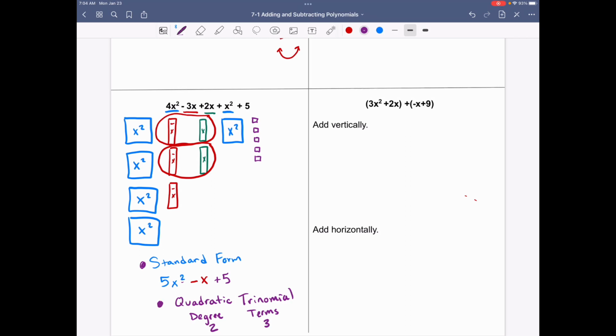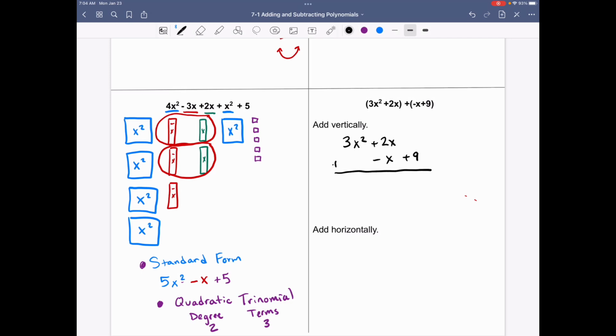All right. There are other ways to add without using algebra tiles, and you may prefer this if you're understanding the concept. So we're going to add, and I'm going to just write the first polynomial, the binomial, and then I'm going to write the other one under it, but I'm going to line it up. So I'm going to put the x's lined up underneath each other.